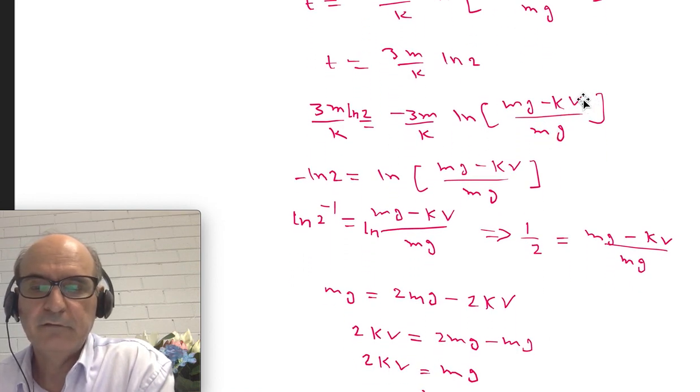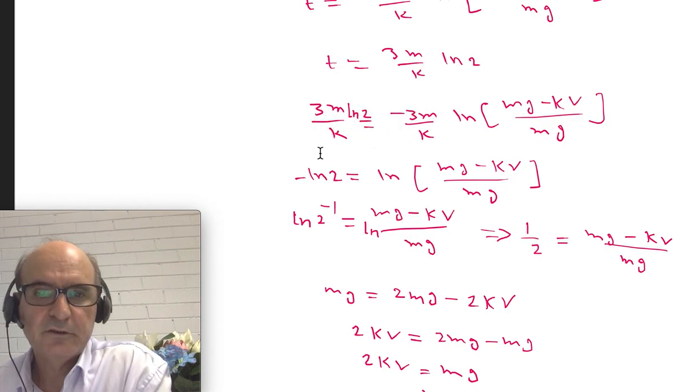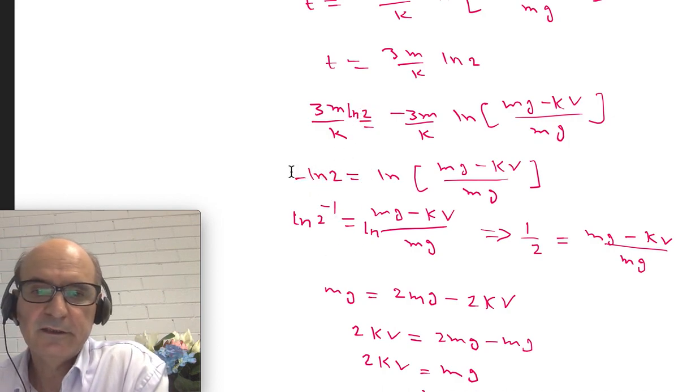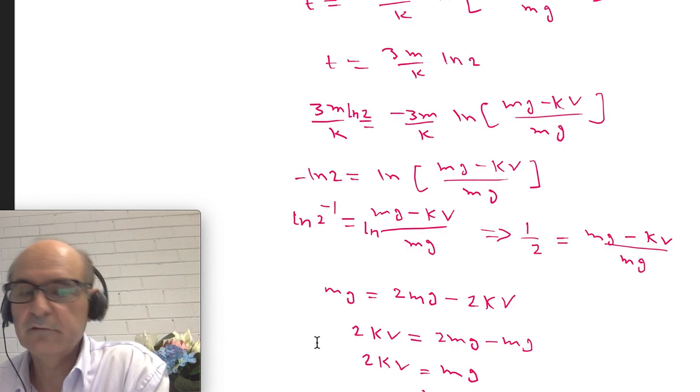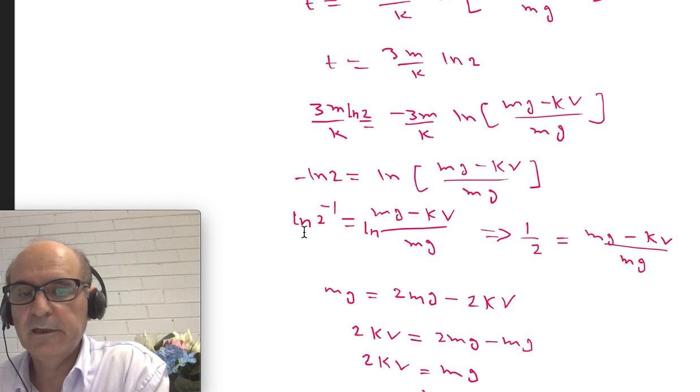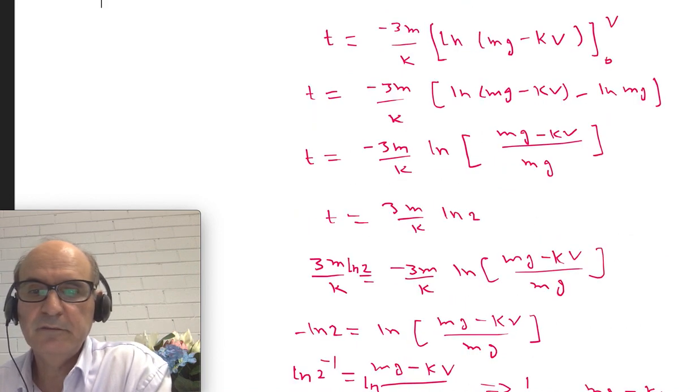So t is that much, put it here, and then 3m over k cancels from both sides, only this is negative, so we should add a negative on this side, minus ln 2. I take this minus 1 inside to become a power, so 2 to the minus 1, which is basically half. Now I can drop the ln's from both sides, and I get half is equal to (mg minus kv) over mg.